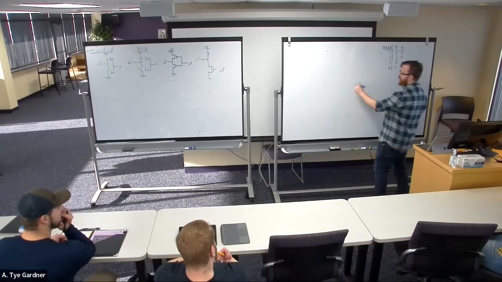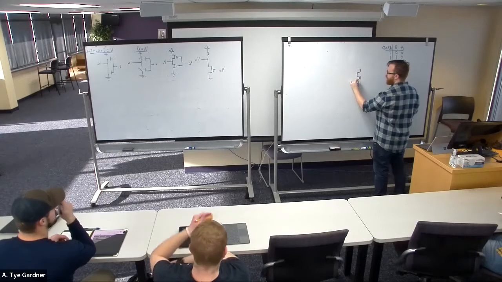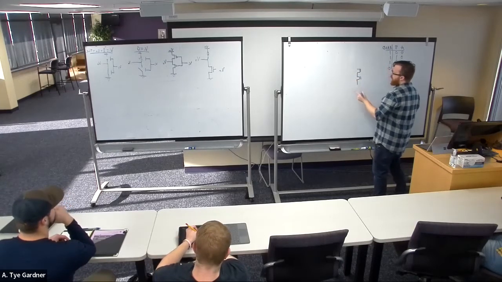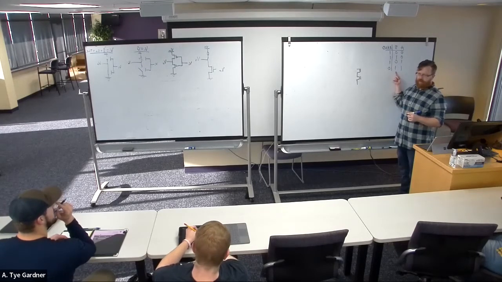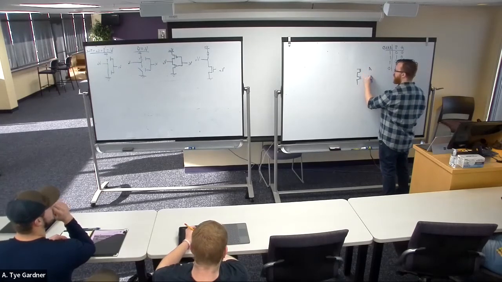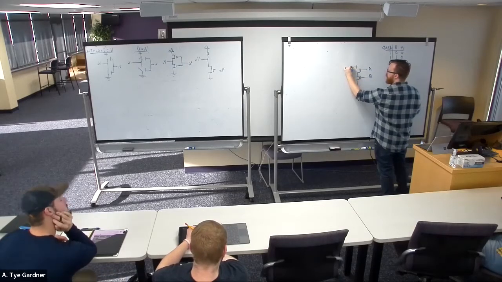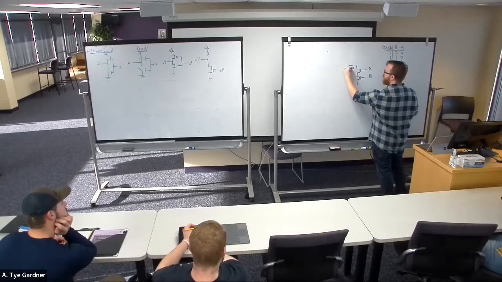So what that says is my pull-down network is always NMOS, and the AND operation, A and B, is in series. I called that NAND, so let's go ahead and call that NAND.